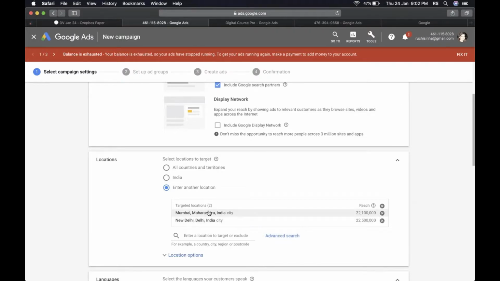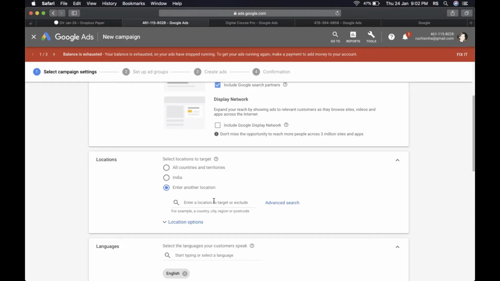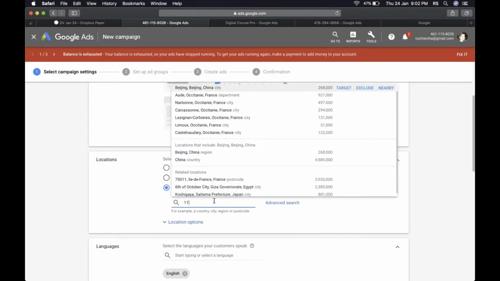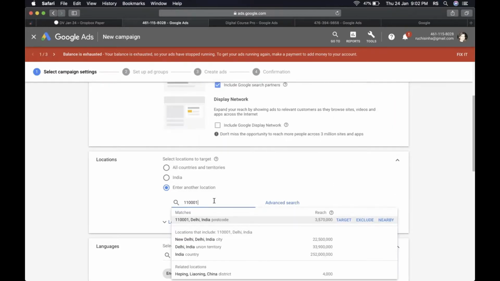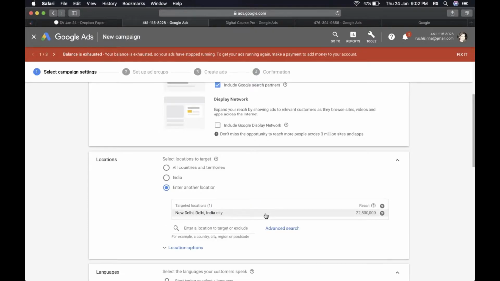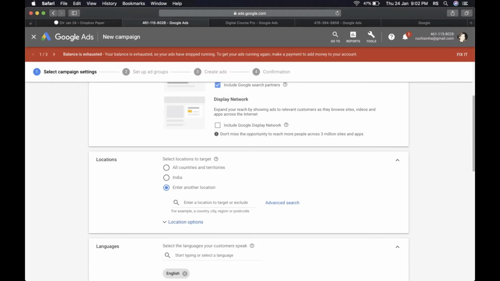Instead of cities, I can add countries also. Or I can put in a pin code that I want to target. Or I can say, not even that broad.